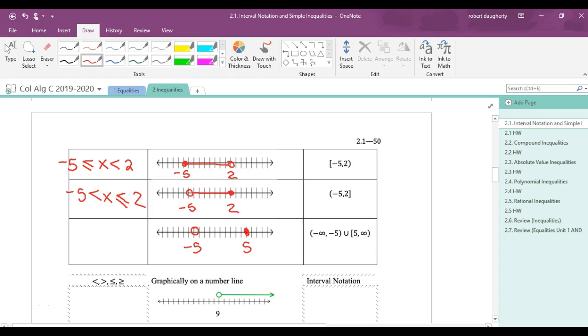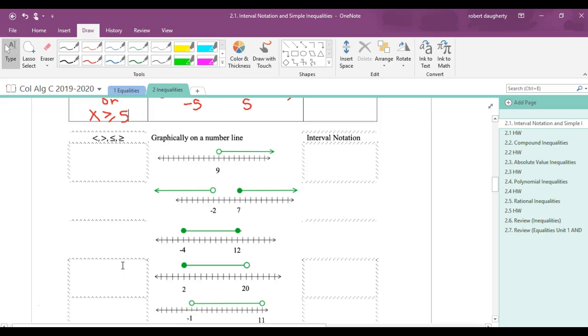Yeah, I shade to the left of this one, and I shade to the right of that one, okay? So this means that looking at this one, how do I describe? This means x is what? Less than -5, or x is what? Greater than or equal to 5, okay? So let me take a pause here.